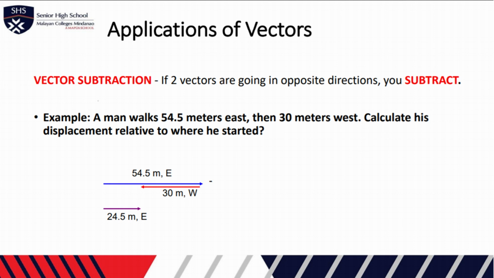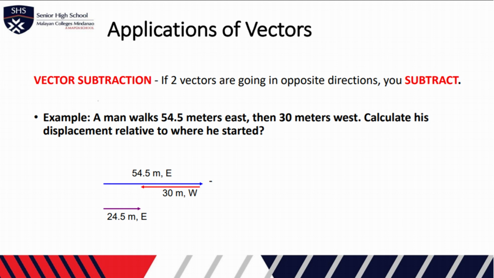We know that this particular man started somewhere on the blue arrow, particularly on its tail. Now he walks 54.5 meters east. Then, after walking east, he goes back 30 meters west. So you can see the arrow in blue is the 54.5 meters east, and the 30 meters west is expressed in the red arrow.